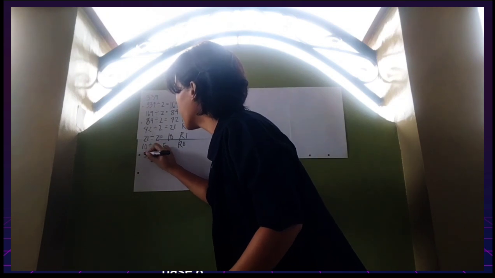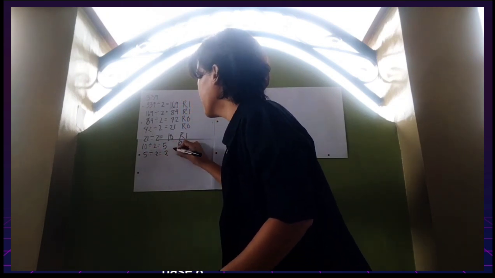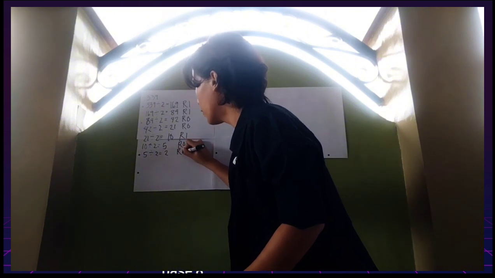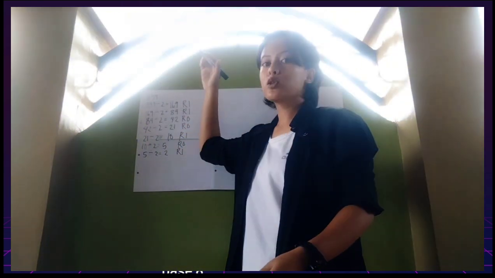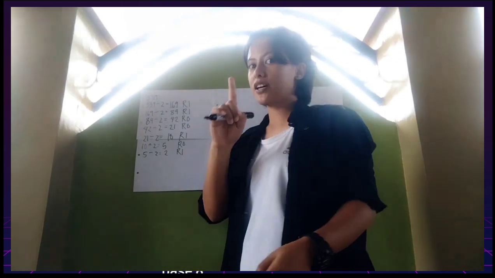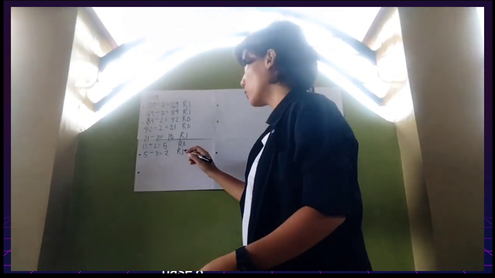Then 5 divided by 2 is equal to 2, which has a remainder of 1, because if we divide 5 by 2, the answer would be 2.5. So we have 1 remainder, which is 0.5. So the remainder would be 1.